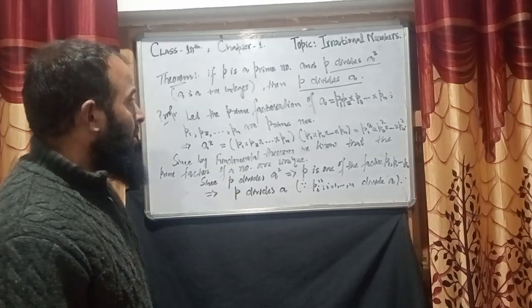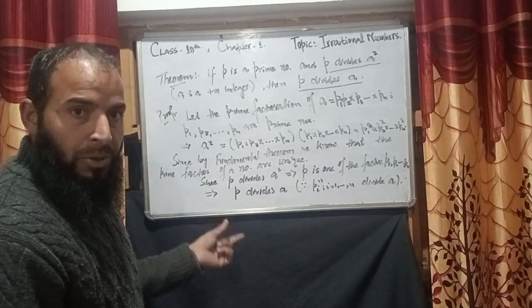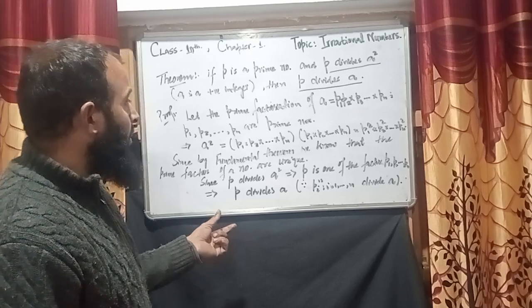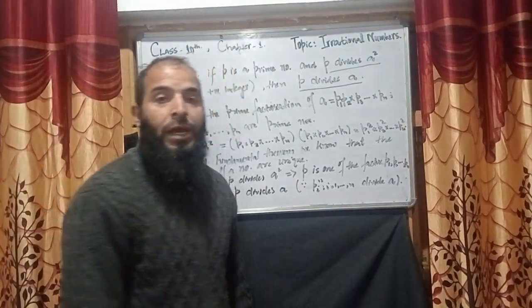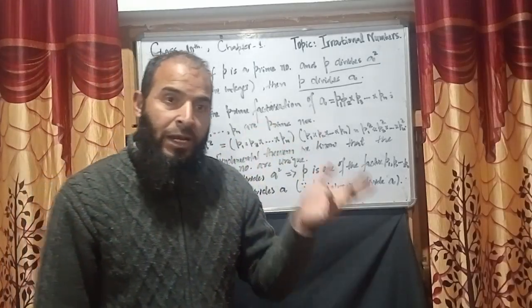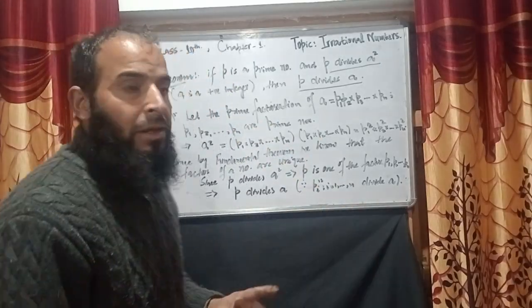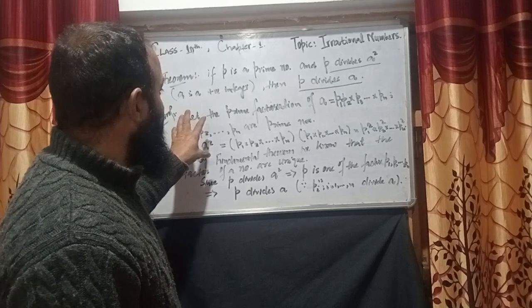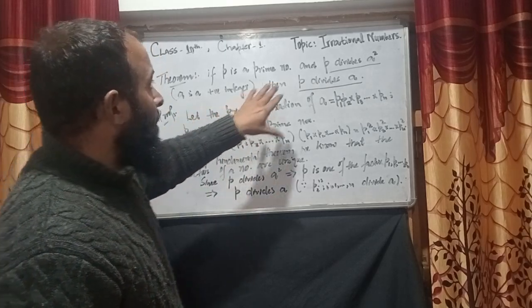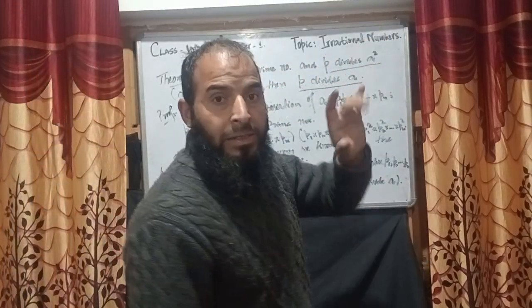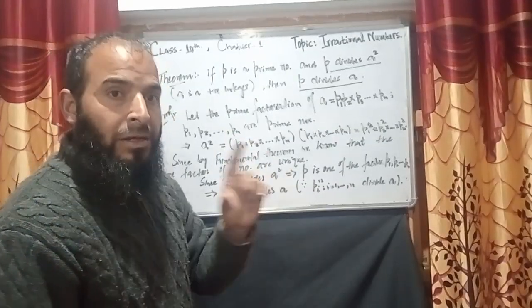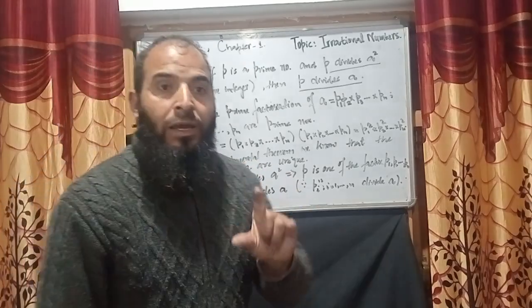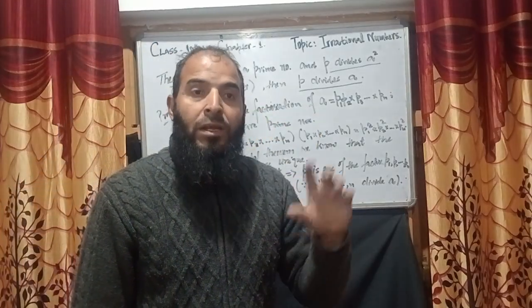This is an important result which is used to prove whether a number is irrational or rational. Mainly it is used to prove a number is an irrational number.